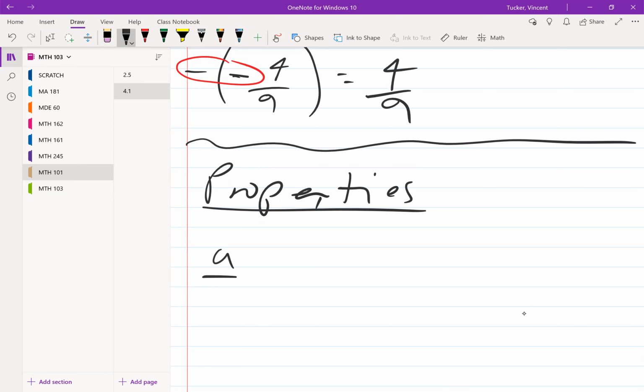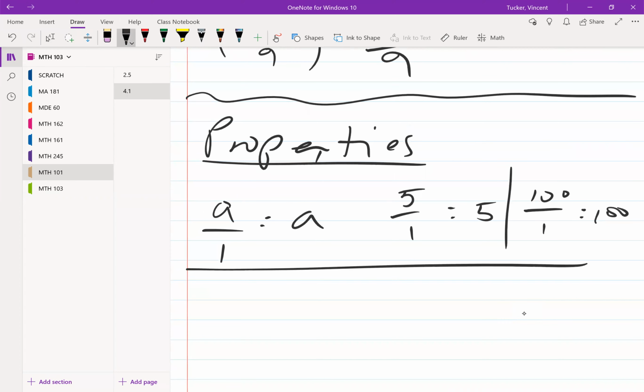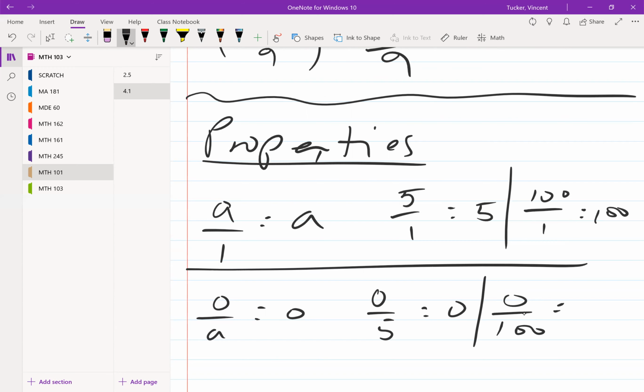Anything over 1 is itself. So 5 over 1 is 5. 100 over 1 is 100. 0 over anything is 0. So 0 over 5 is 0. 0 over 100 is also 0.